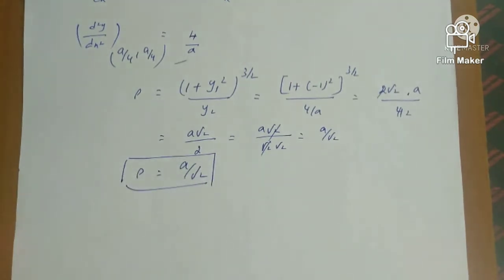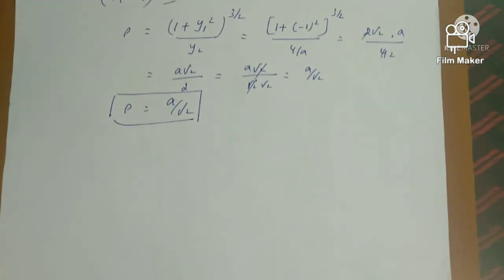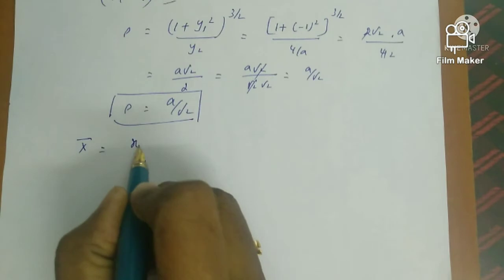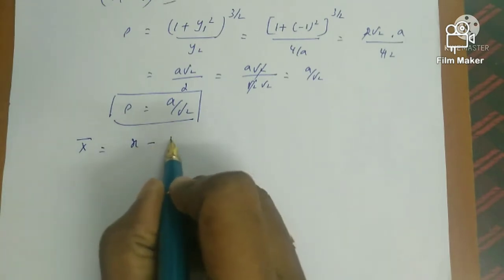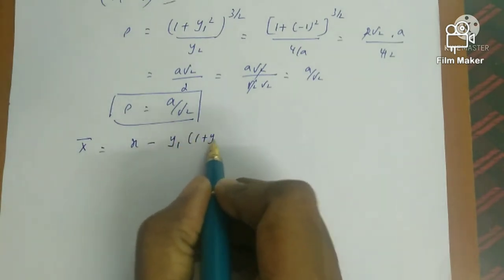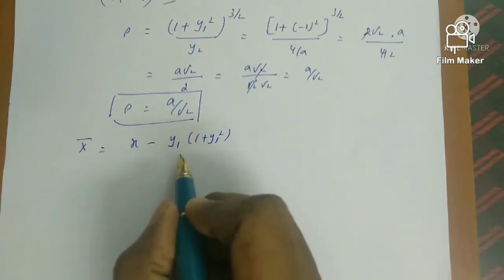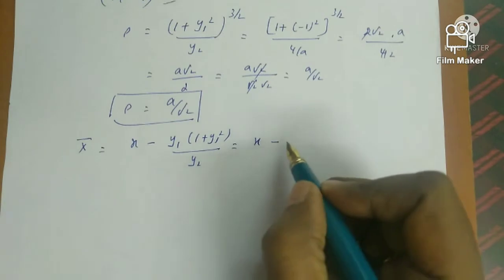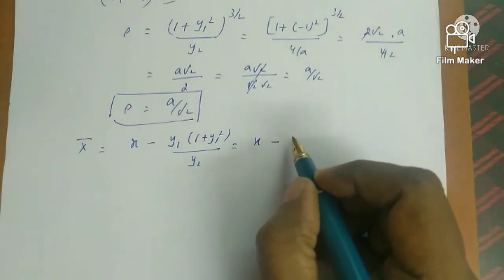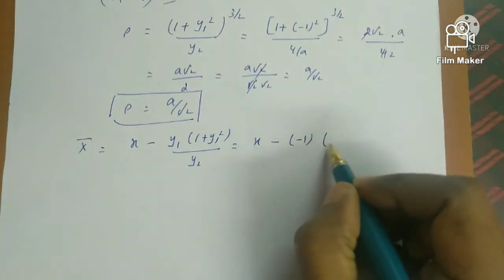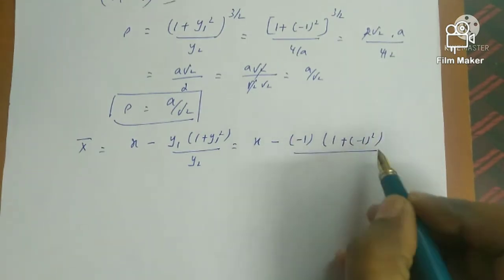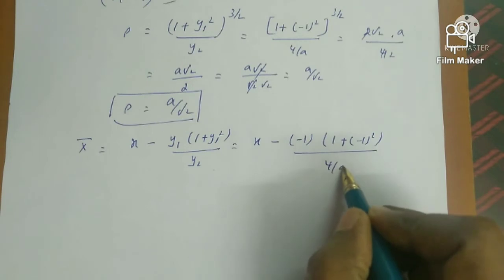So the first part of the question is over. We need to find the center, x bar and y bar. The x bar formula is x bar equal to x minus y1 into (1 plus y1 square) divided by y2. Here y1 is minus 1, so it is minus 1 into (1 plus minus 1 whole square) divided by y2, and y2 is 4 by a.